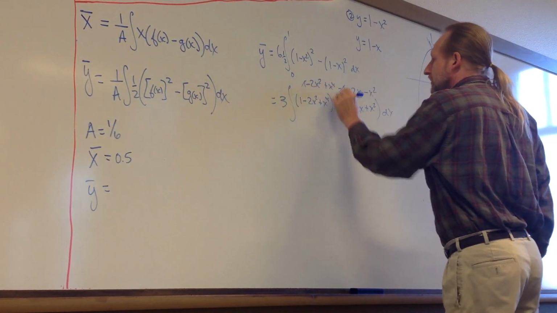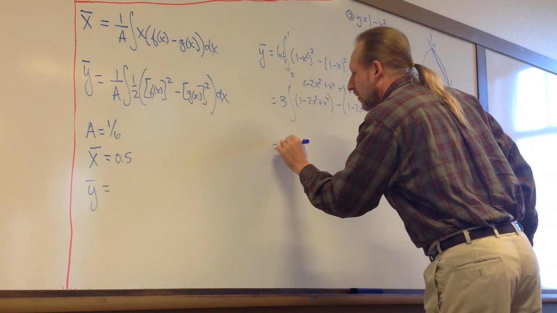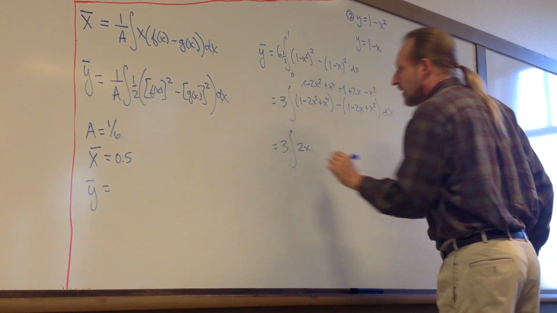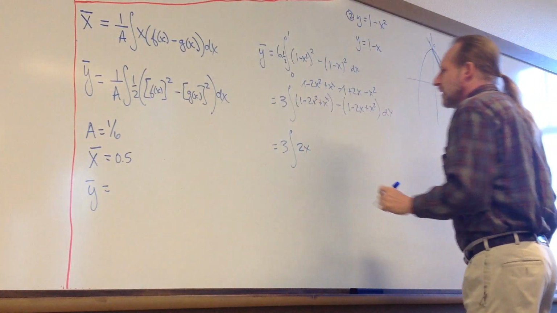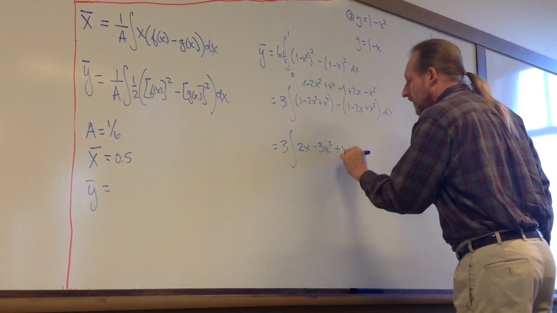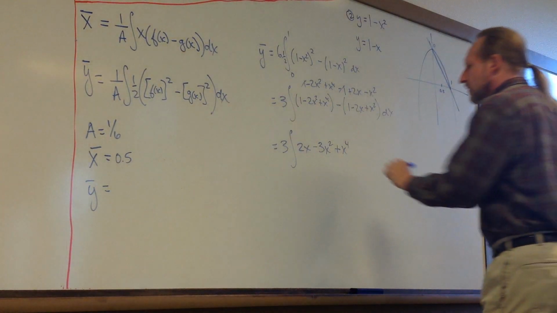All right, so the 1's cancel each other out again. So, before we integrate, we've got this 2x, and then minus 2x squared minus 1x squared, so minus 3x squared, and then positive x to the 4th. Okay.